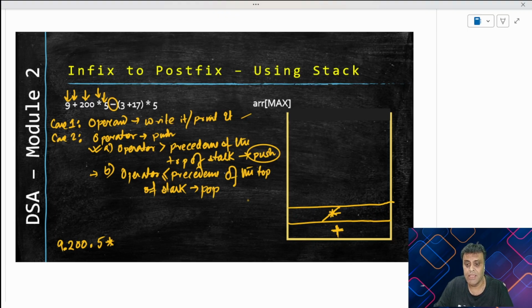That means this operator has to be exclusively greater in order to go into the stack. So point A says greater. Minus has to be greater than anybody for minus to get into the stack. But minus is not greater than plus. So plus will also have to be popped out. So we will pop out plus also.